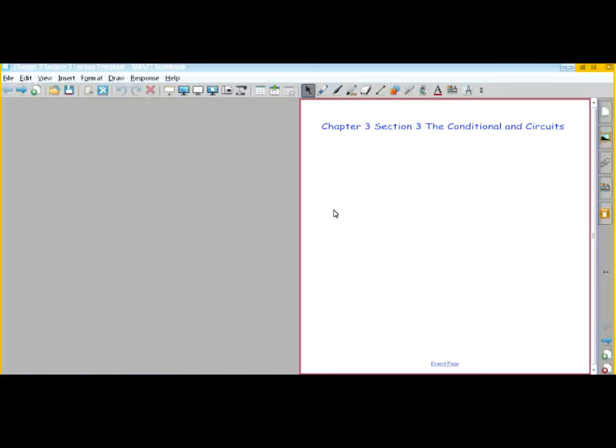We'll also talk about how you can model and/or statements using electric circuits. So that kind of goes to the thing about computers, logic computers.